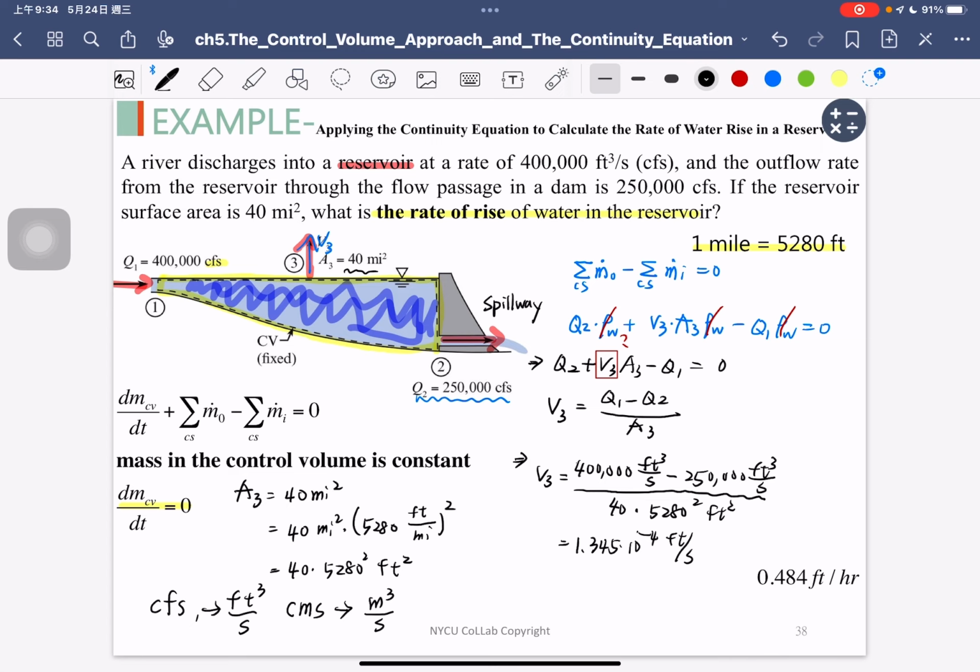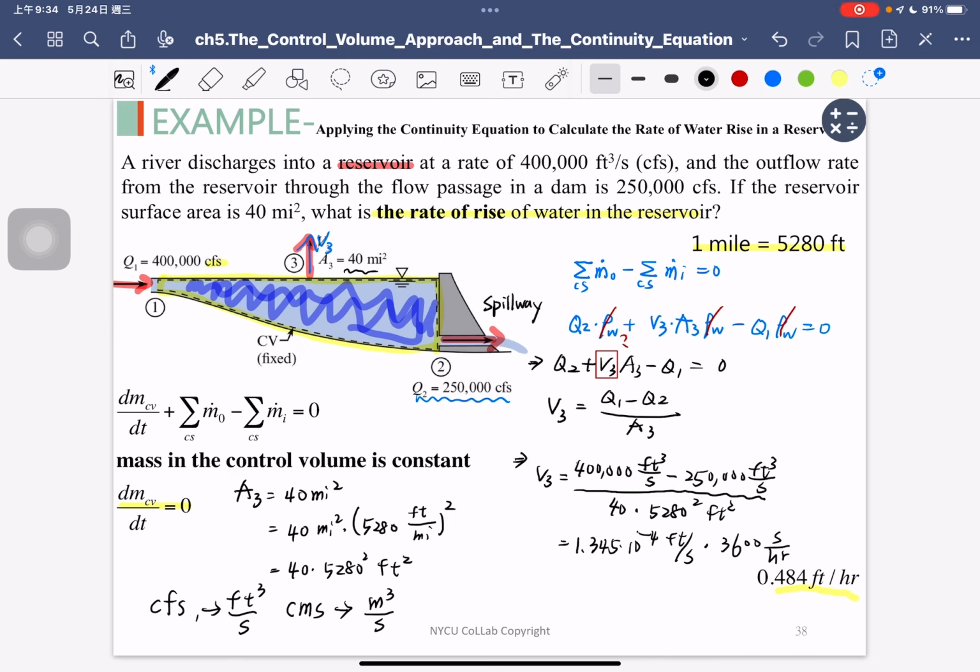But as you can see, the answer I show on the right-hand side, the dimension I changed to feet per hour. We know that 1 hour is equal to 3600 seconds. So you multiply the answer by 3600, because we can convert the seconds to hours.